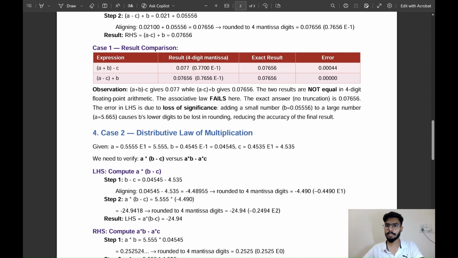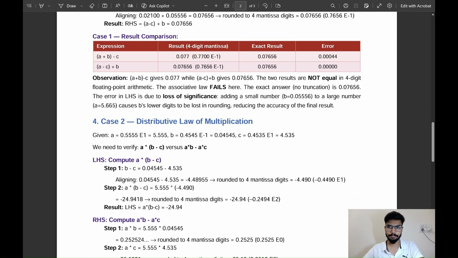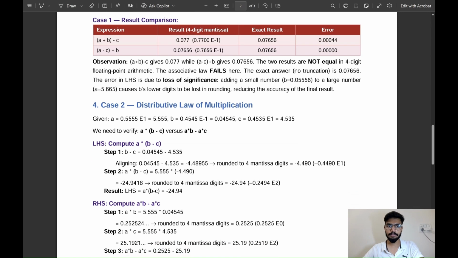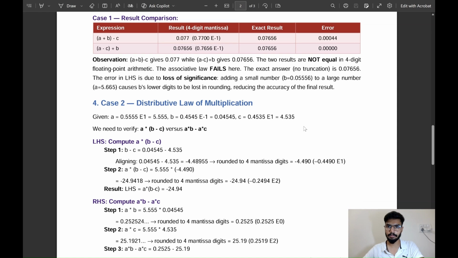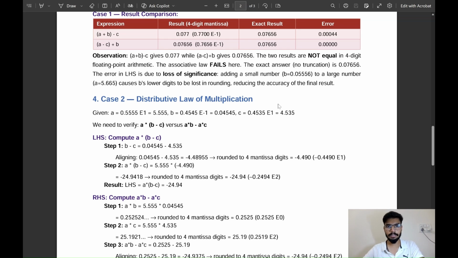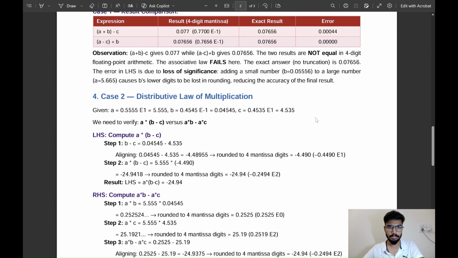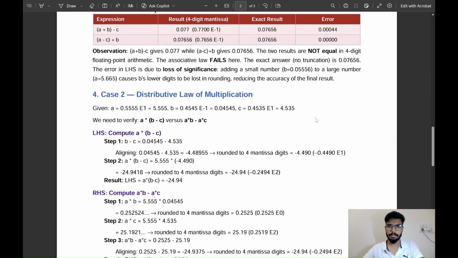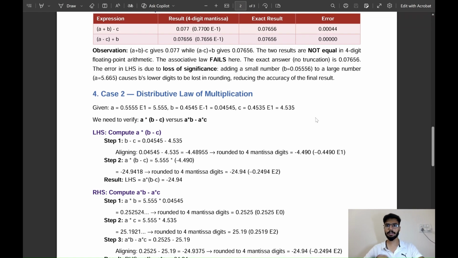The two results are not equal in 4-digit floating point, so this fails the associative law. The exact answer is 0.07656. The error is due to loss of significance: adding the small number b to the larger number a causes digits to be lost because of rounding off. So here it has failed.